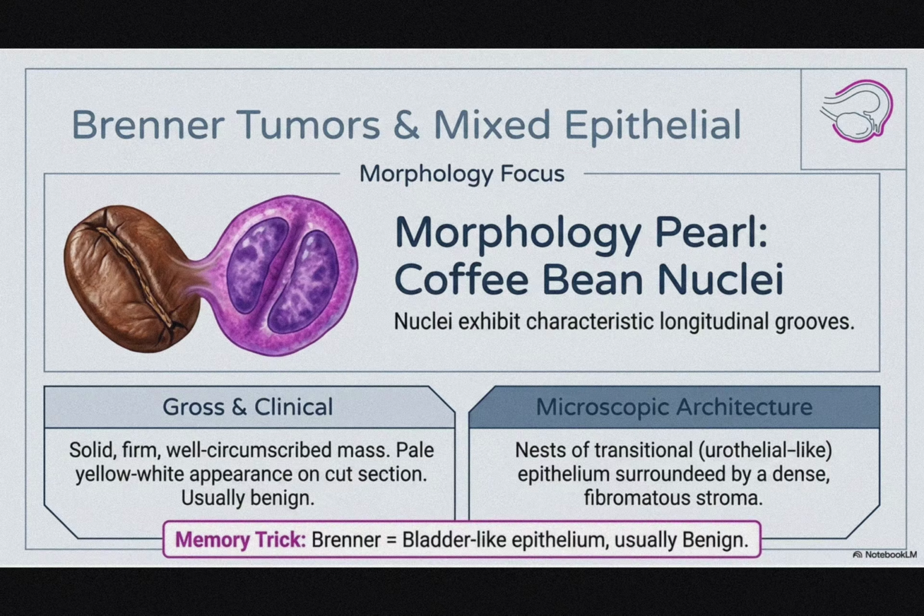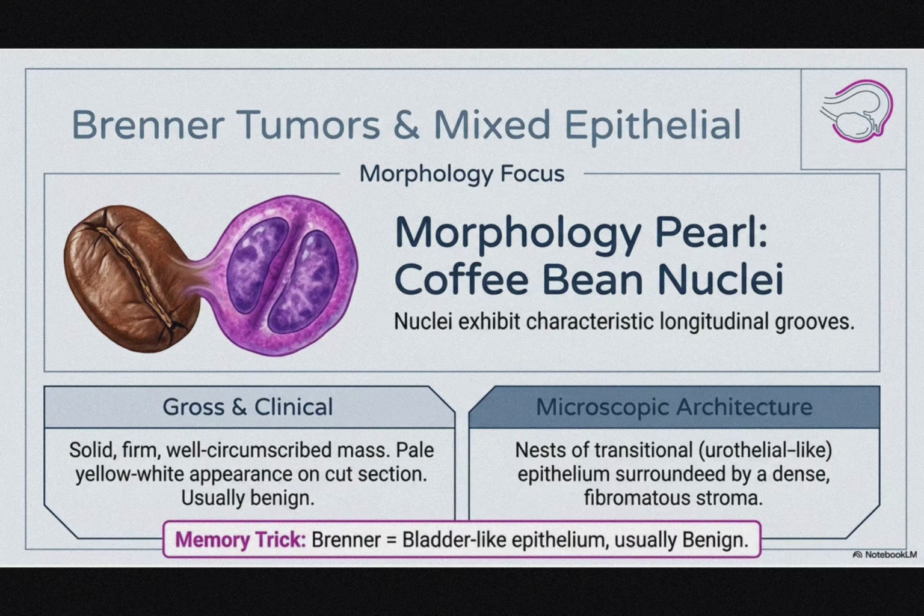So next we have Brenner tumors and mixed epithelial tumors. Morphology: it has coffee bean nuclei, that is, the nuclei exhibit characteristic longitudinal grooves. Gross and clinical: it is a solid, firm, well circumscribed mass, pale yellow-white in appearance on cut section. It is usually benign.